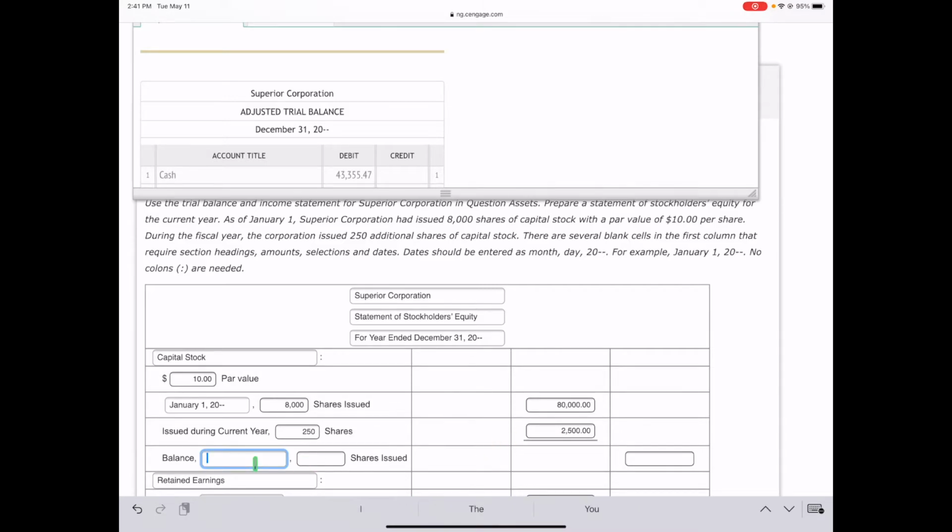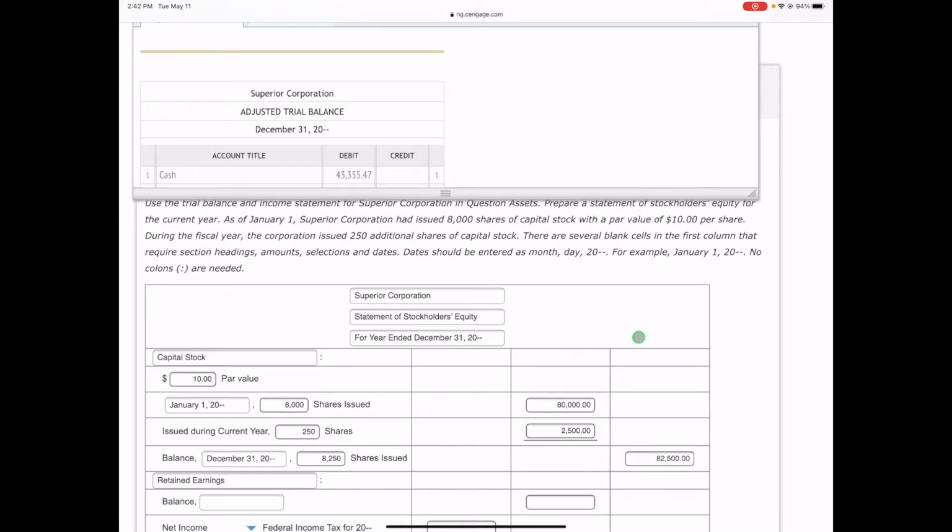Our balance at the end of the fiscal period is a total of 8,000 plus 250, which is 8,250 shares. The total of those two numbers is $82,500.